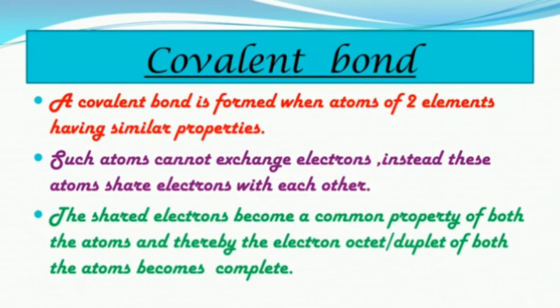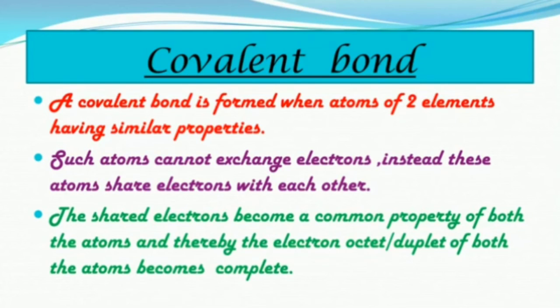The shared electrons become a common property of both the atoms, and thereby the electron octet or duplet of both the atoms becomes complete. So here children, in a covalent bond there is a sharing of electrons between two elements having similar properties.